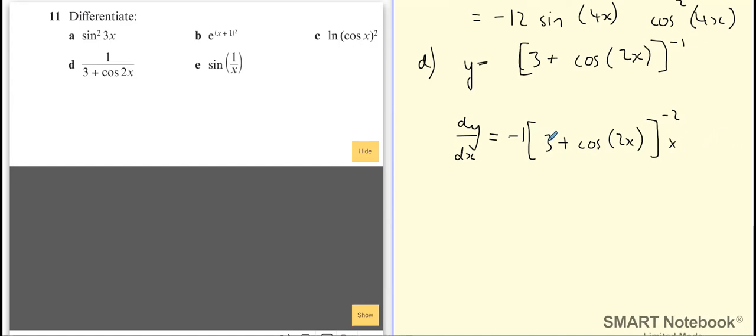When I differentiate 3, that's a number. Differentiate a constant, gradient 0. When I differentiate cos 2x, I am going to get minus 2 sine 2x. And this is a square bracket here. Does that make sense? Are you happy with everything I've done up to here?